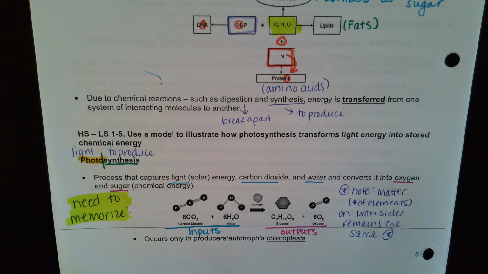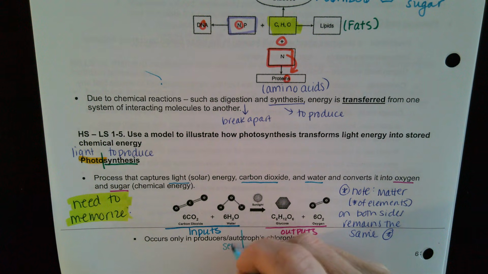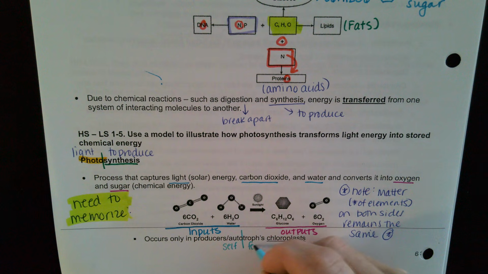Right below there, we have the types of organisms that are able to undergo photosynthesis. Producers, autotrophs. If you're still struggling with that word autotroph, remember we always want to break the words apart. We have auto. Auto means self. And then troph means feeder.